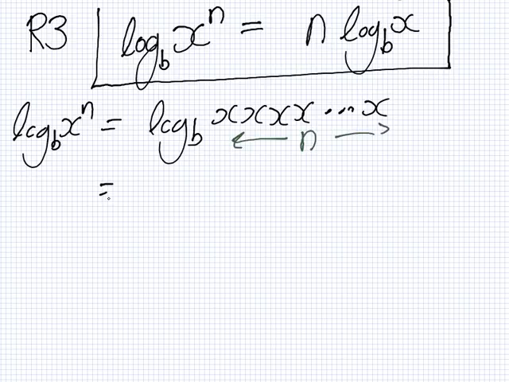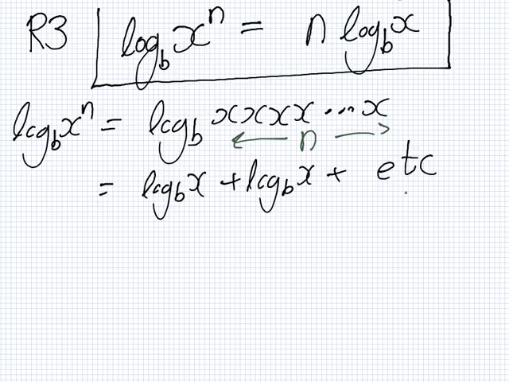So using the first rule, we know we can write this as log_b x plus log_b x and so on, and there's n of them, so we've seen this trick before. It's just going to be n log_b x. And now again, that's the end of this proof.